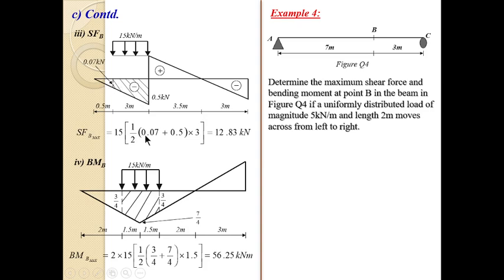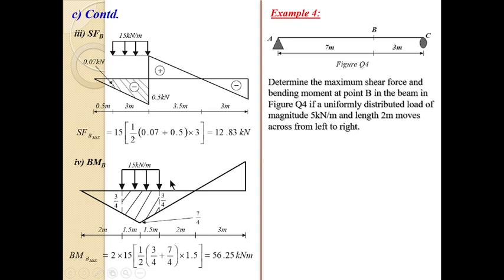So we do 0.07 plus 0.5 in bracket, multiply by half, then by the distance, which is 3 meters, and we multiply everything by 15, which is the magnitude of the load. And everything gave us 12.83 kilonewtons. So that is the maximum shear force at B.